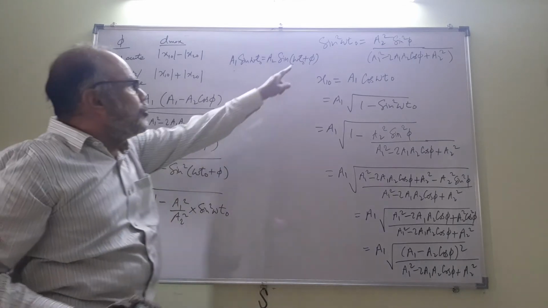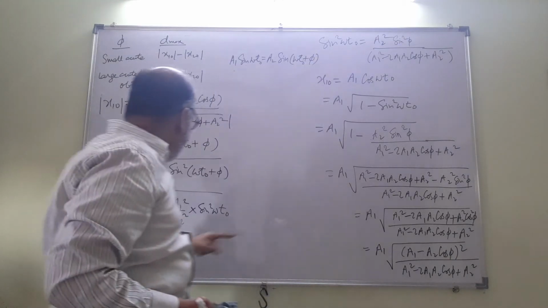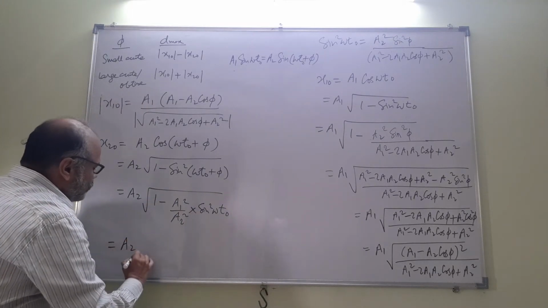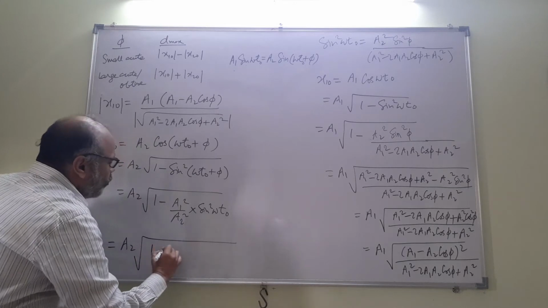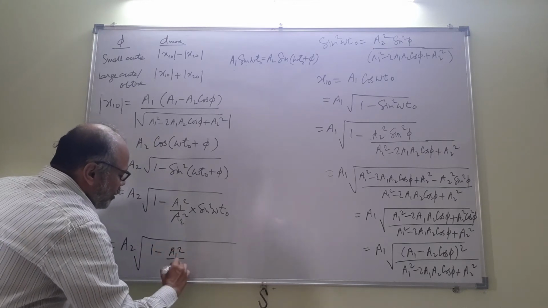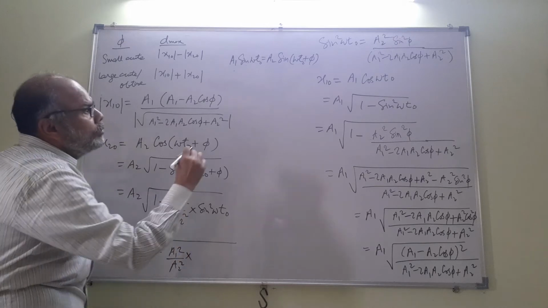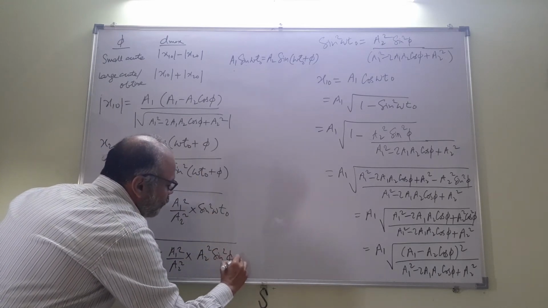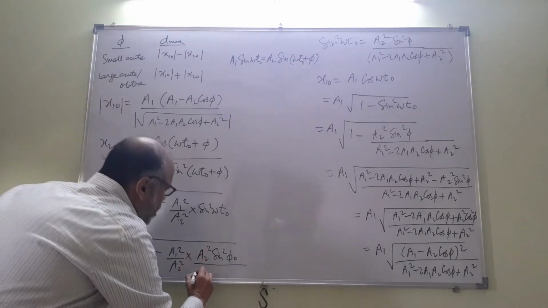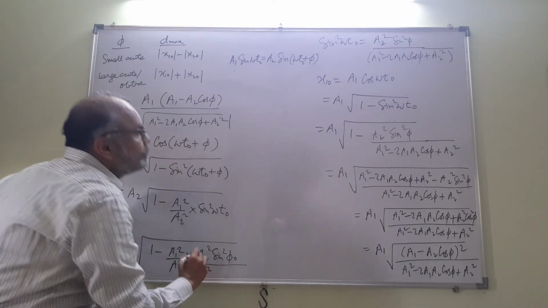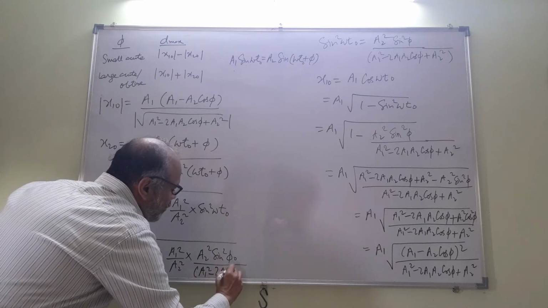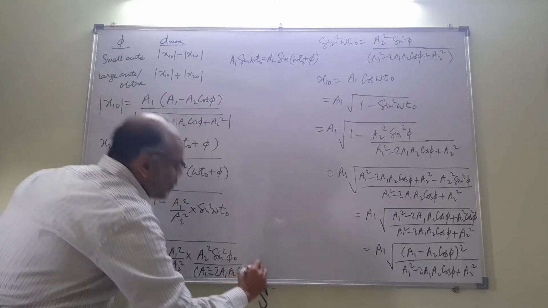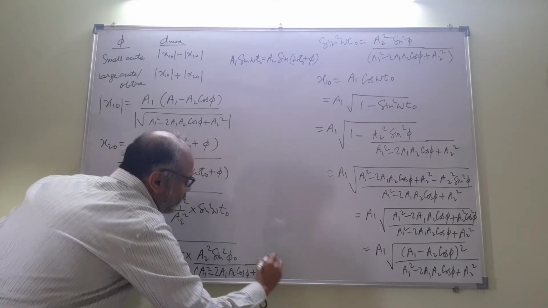Now again we will substitute sine squared omega t naught here. If you did that, you will get a2 square root of 1 minus a1 squared by a2 squared into a2 squared sine squared phi divided by a1 squared minus 2a1 a2 cos phi plus a2 squared.